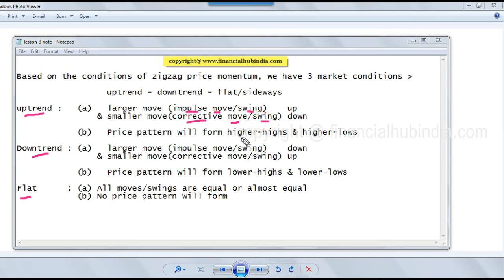What are higher highs and higher lows, or lower highs and lower lows, right? So point A is all about impulse move or swing, or corrective move and swing, and point B is all about higher highs, higher lows, or lower lows, lower highs. So let me clarify these terms to you first. Then it will be easy for us to understand each pattern, each market condition.